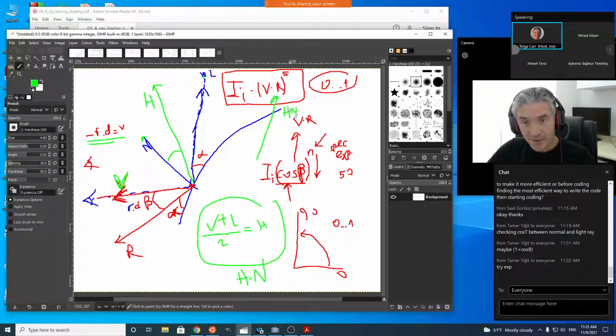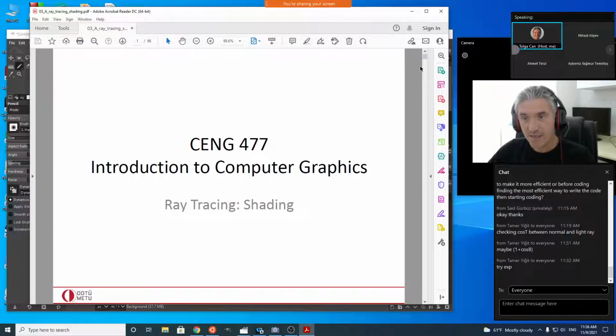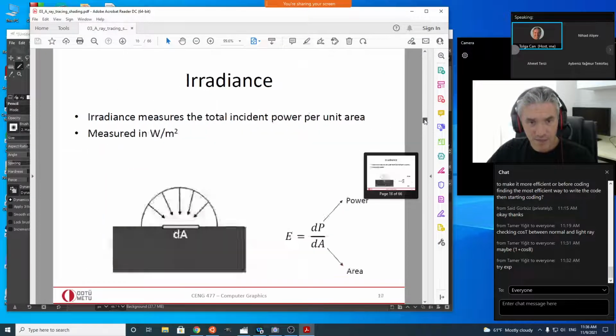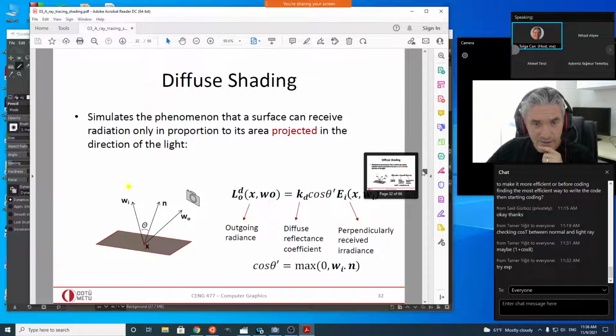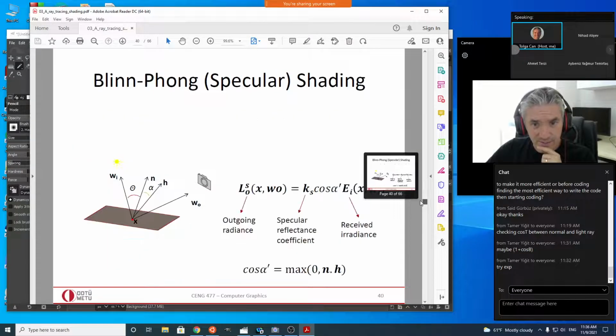You may find counterexamples, or you may see that numerically these two are not exactly equal to each other, okay? But this still gives a very good approximation, and that's why in practice people use this half vector idea. So it's written here, let's see where it's in Blinn-Phong shading.